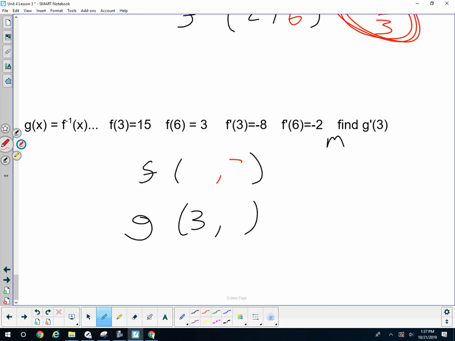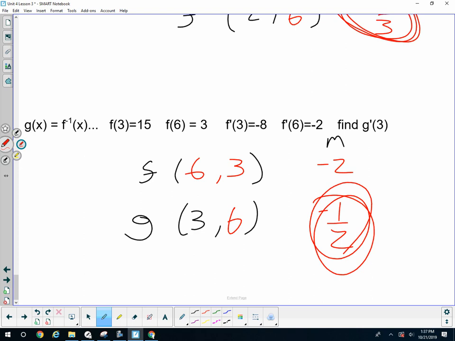If you've done enough of these, you figure it out pretty quickly. F's got the point 6, 3. The slope at 6 is -2. G's got the point 3, 6. The slope is -0.5. I feel like we've already done that. All right, moving on.